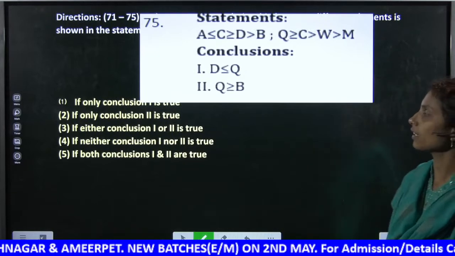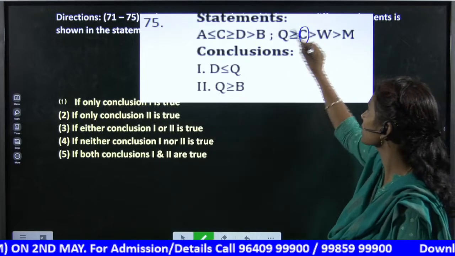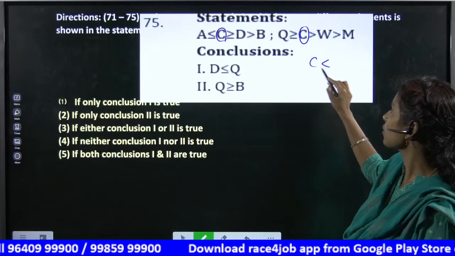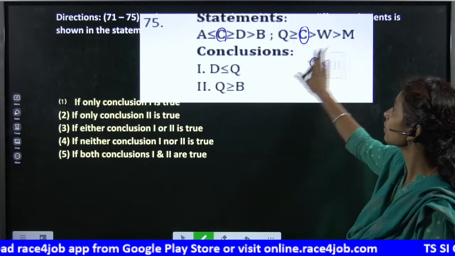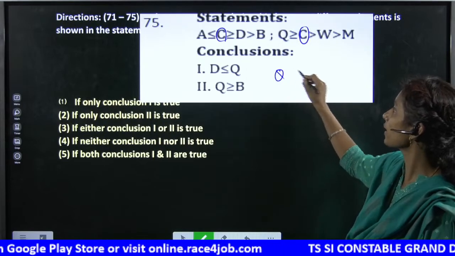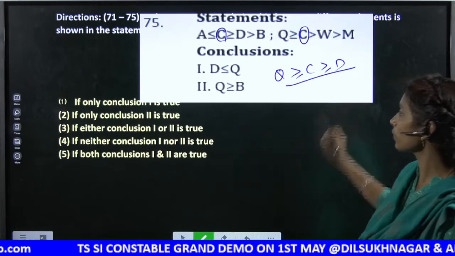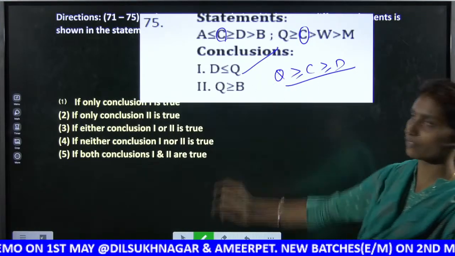Check it here. D Q relation. The common variable for D and Q is C. C is less than or equal to Q. Q is greater than or equal to C, C is greater than or equal to D. From Q to D, we have the relation Q is greater than or equal to D. Interchange the subject and predicate, and you will get the first one is true.